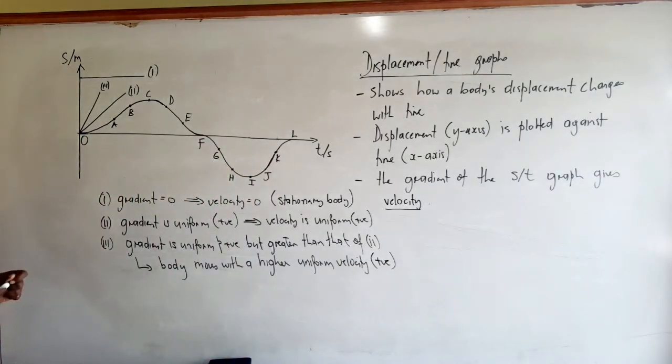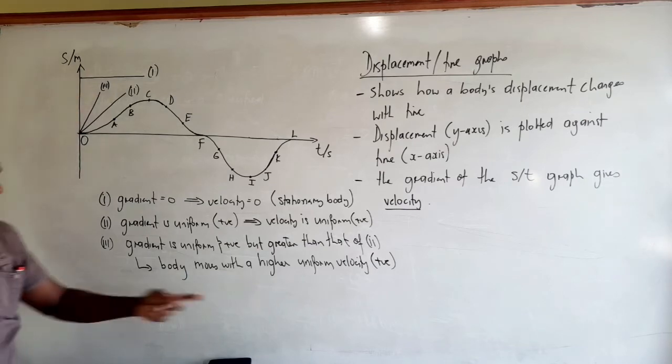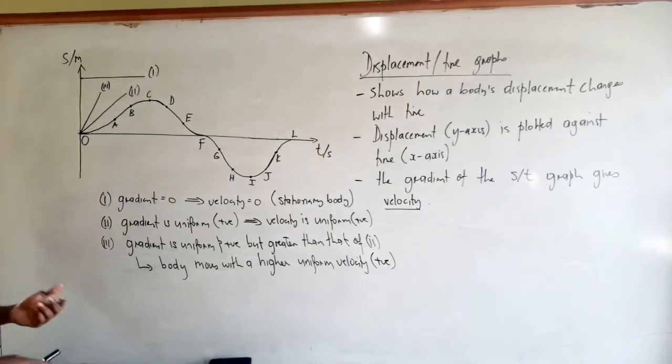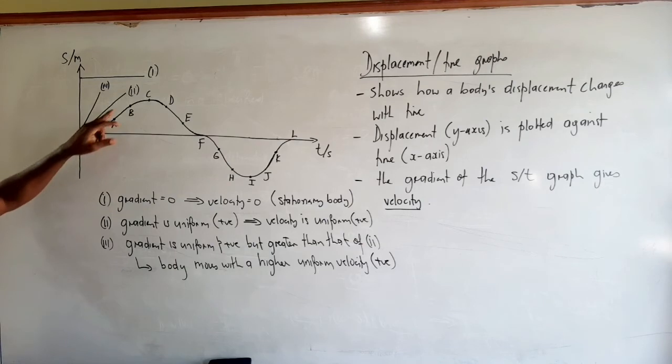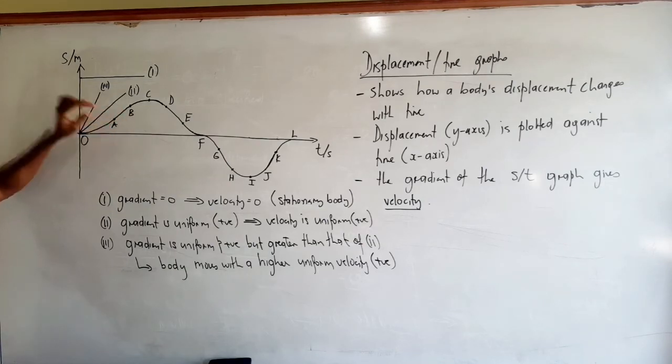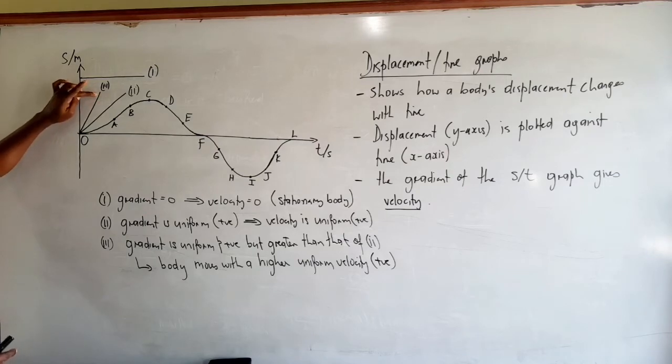So again, comparing these two, we see that the graph in 3 is steeper. The displacement will increase more rapidly with time, and so the gradient is larger, and therefore the velocity is greater and also positive. So if graph 2 shows a body moving with a uniform positive velocity, then graph 3 shows a body also moving with a uniform positive velocity, but of larger magnitude.